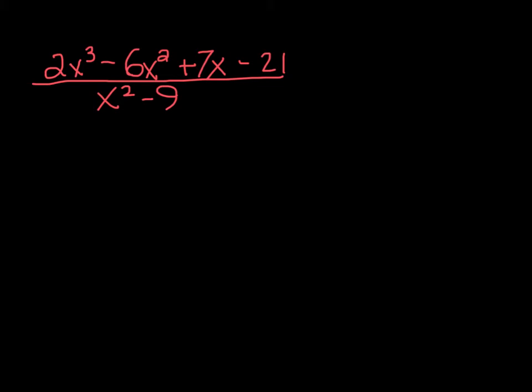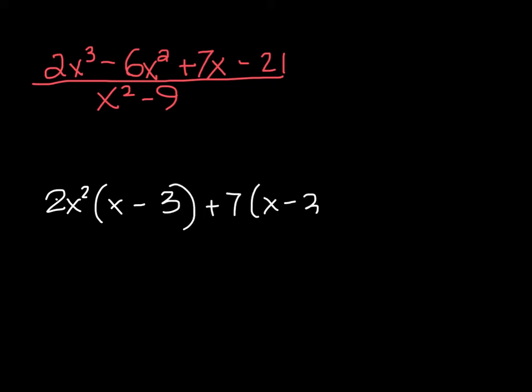So let's simplify this polynomial. I actually have a cubic in the numerator and a quadratic in the denominator. The first thing I need to do is factor thoroughly the numerator and the denominator. Remember factoring, this is 4 terms, so the first thing I'm going to try is factor by grouping. That first set has a 2x squared, which would leave me x minus 3. The second group has a 7, which would leave me x minus 3.